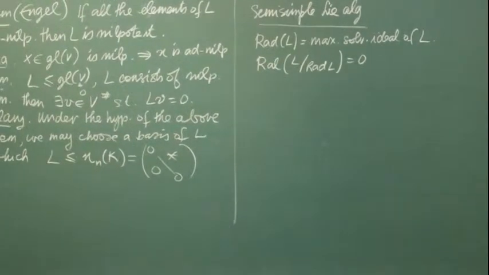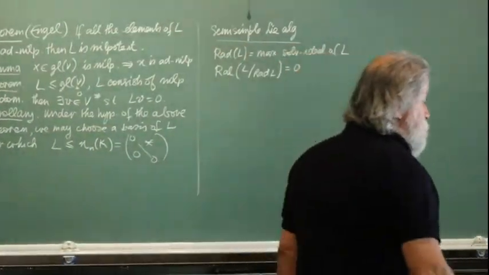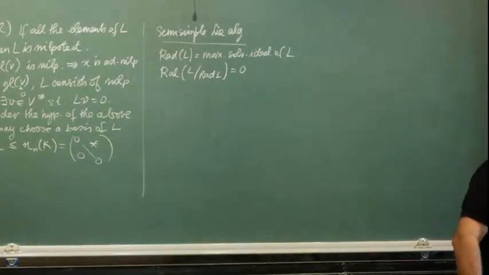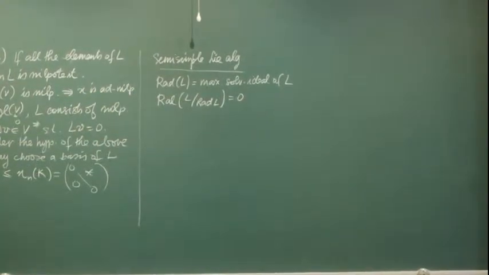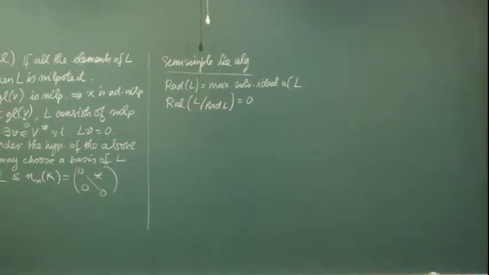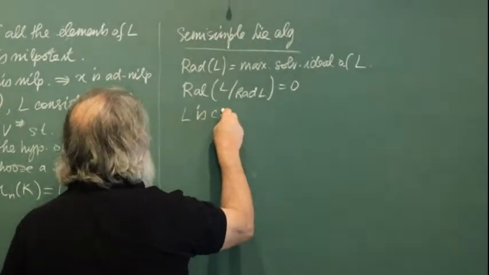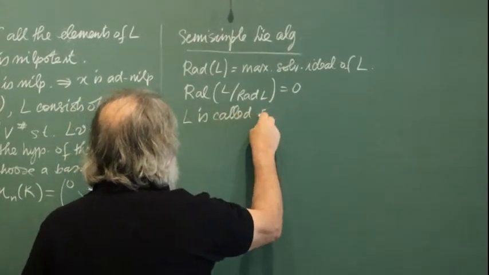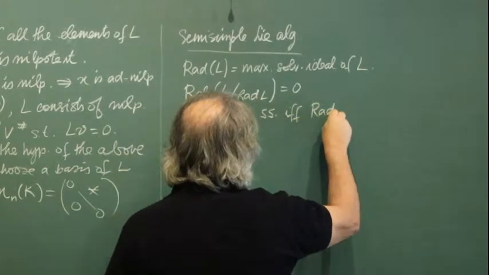There's nothing left, right? L is called semi-simple if and only if the radical of L is zero.